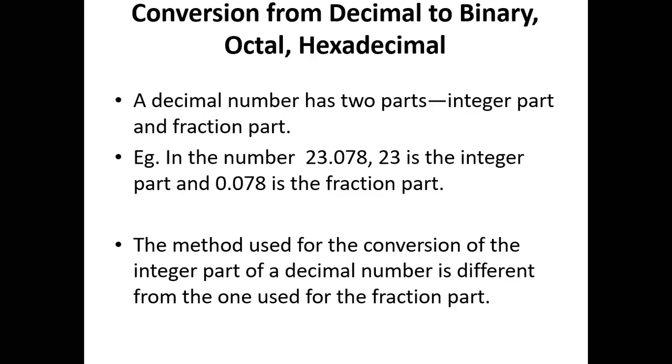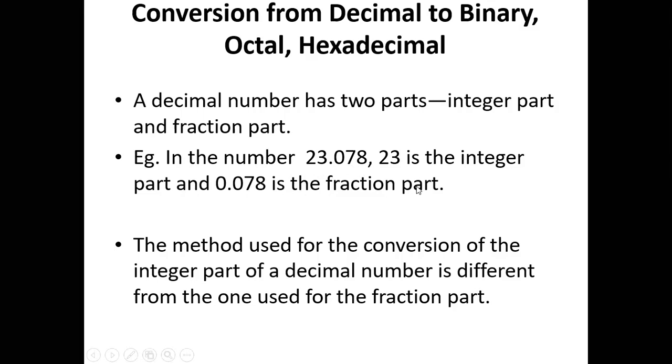Now, when we're dealing with numbers, numbers will have two parts: the fractional part and the integer part. For example, in a number like 23.078, the first part is the integer part, and the other part is the fraction part.